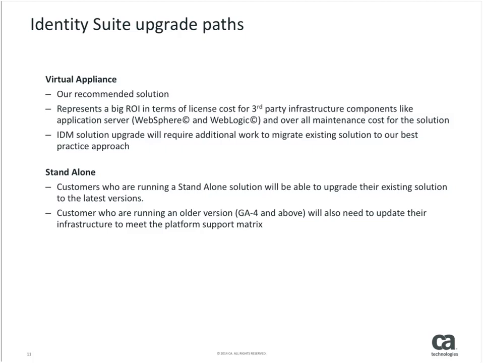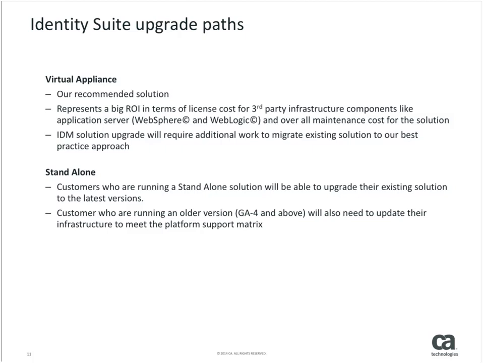If you are using the standalone, you can still go to the standalone. Nothing changed there. If you're using a 12.6 something and you want to go to 14, you can do that, but we will need to make sure that you're using the latest infrastructure as per our platform support matrix.